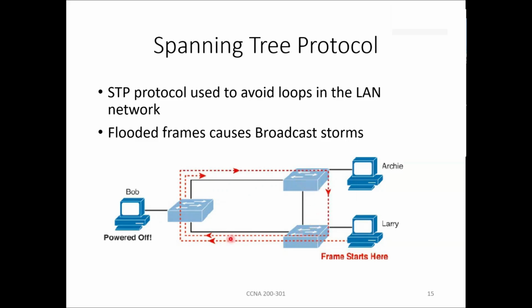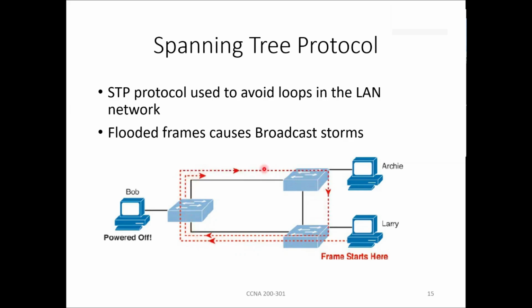In this way, they will always forward the frame, and the frame will keep going around these switches. So Larry will go to Bob, Bob will go to Archie, Archie. That's how the frame will travel in this link.